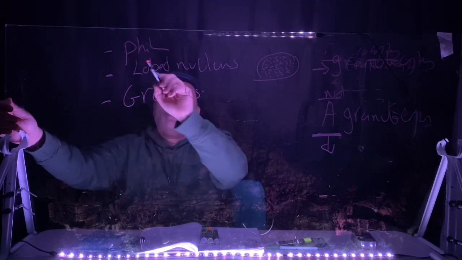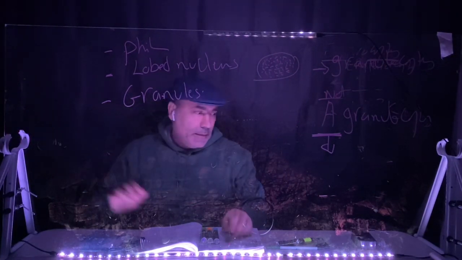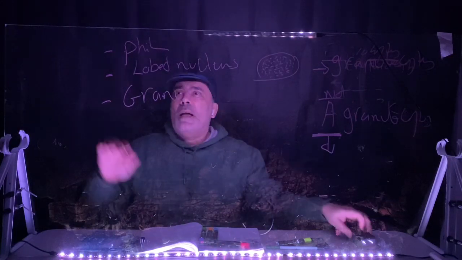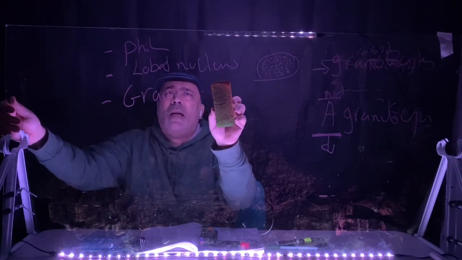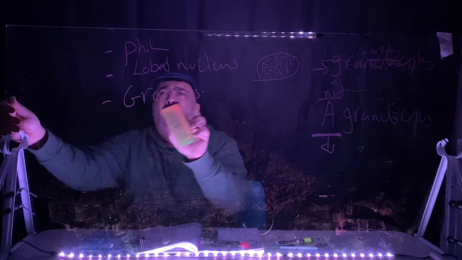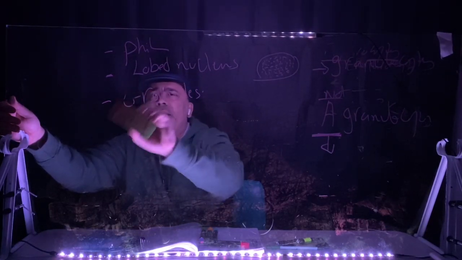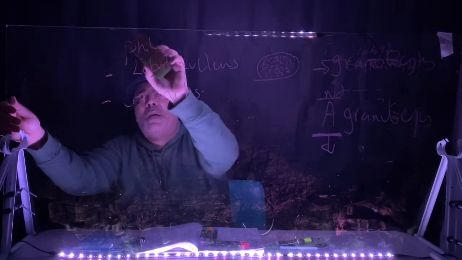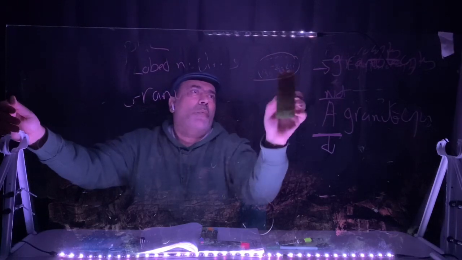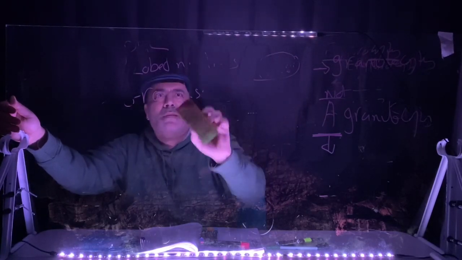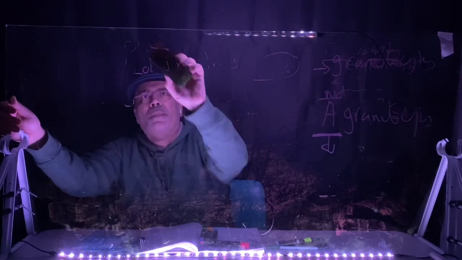So the granulocytes end with phil, the nucleus is lobed, and it has granules inside the cytoplasm. Cytoplasm, of course, is the water inside the cell. Okay, no problem so far. I hope this is easy stuff to remember.